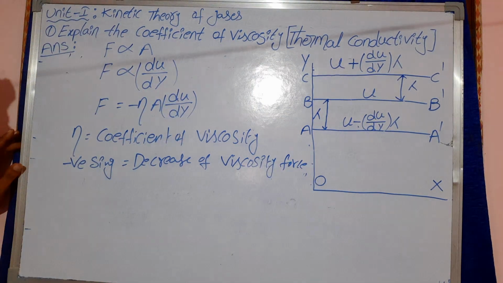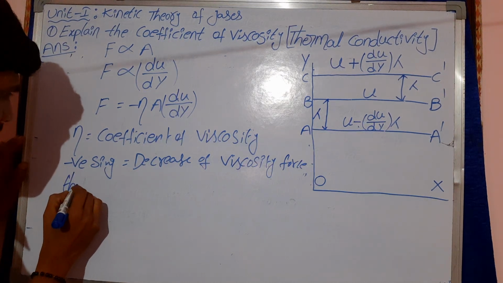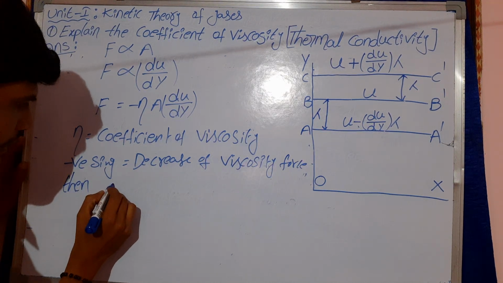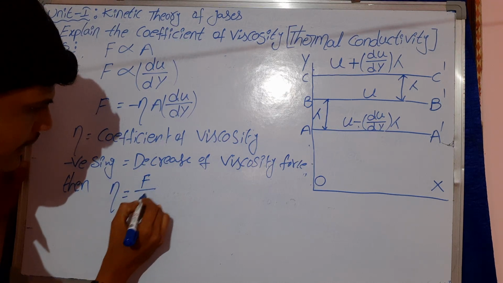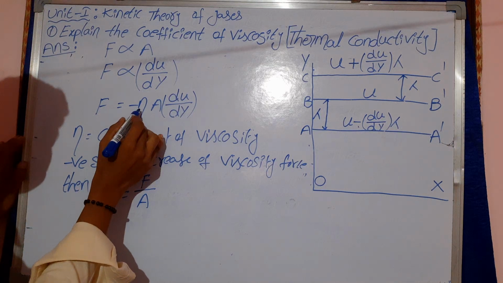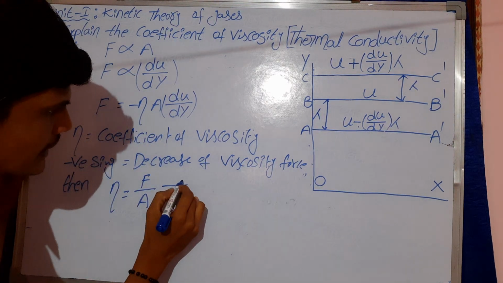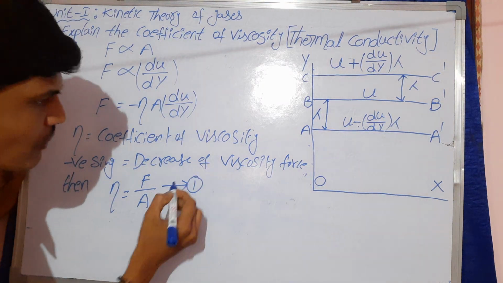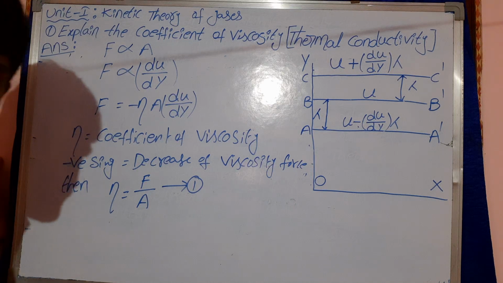So the negative sign indicates the viscosity force. Then eta equals F by A. This is equation number 1.